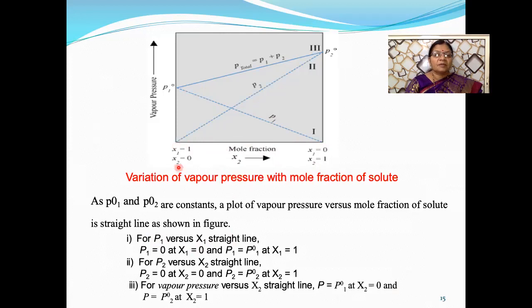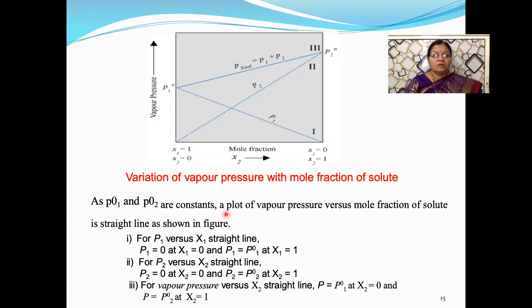So here X2 is equal to 0 at this point. When X2 is 0, what is the value of X1? It should be 1 because the sum should be 1. When X2 is equal to 1 at this point, X1 becomes 0.